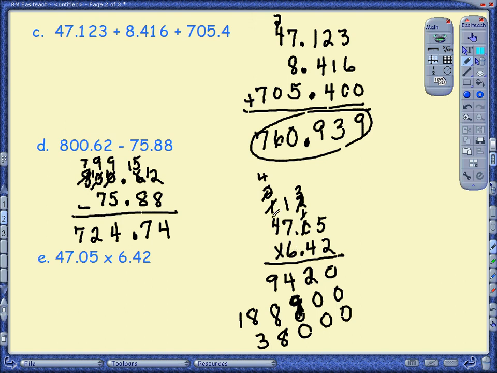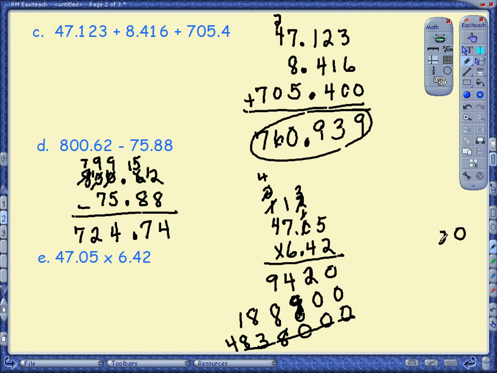And 6 times 8 would be 48. And our grand total now, I'm running out of space here, so I'll put my answer over here.